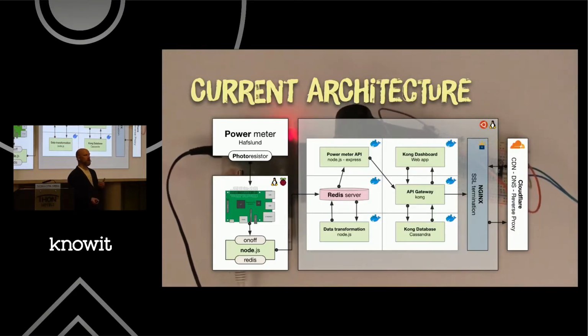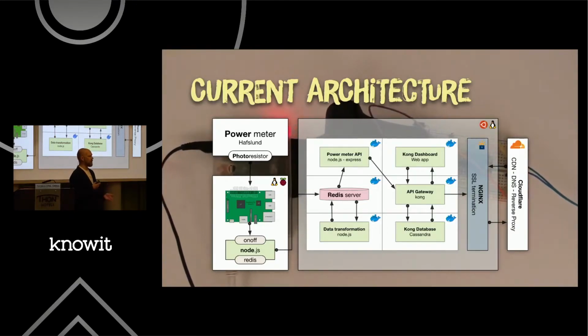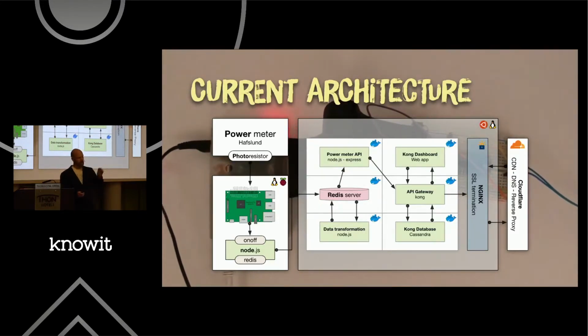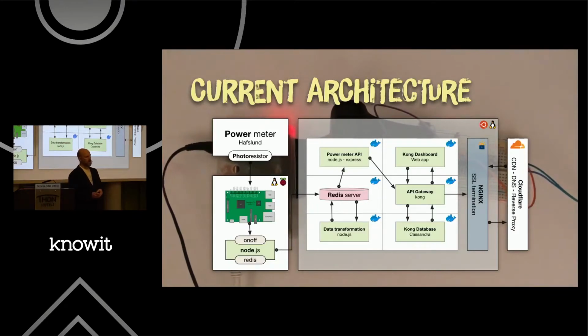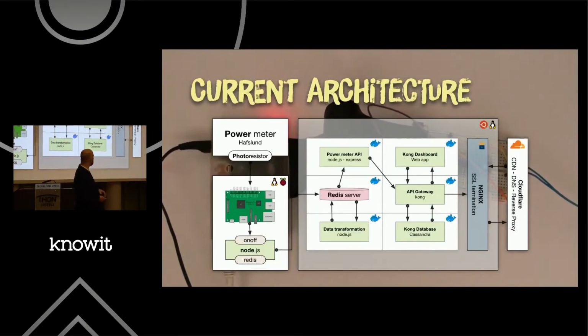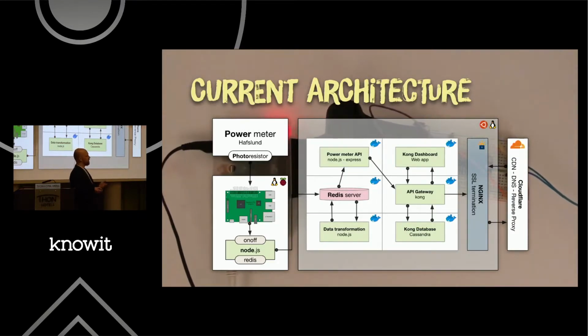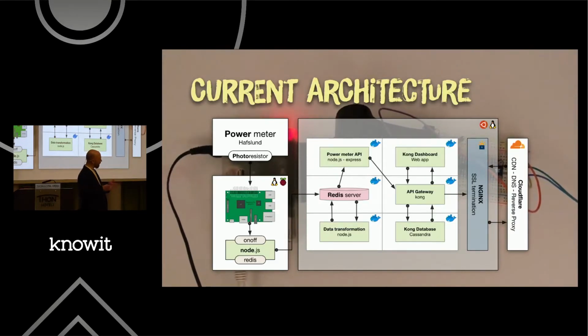How many here know about Kong as an API gateway system? Excellent. We use it in Oslo municipality. We use it in ObjectNet in Oslo for quite a few projects. And it is really an efficient, really cool, open source, but now they are bootstrapping a company for it.